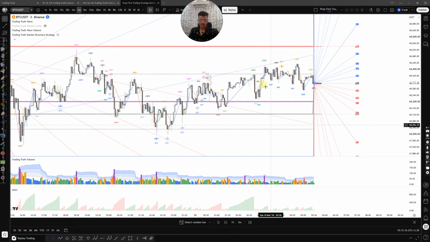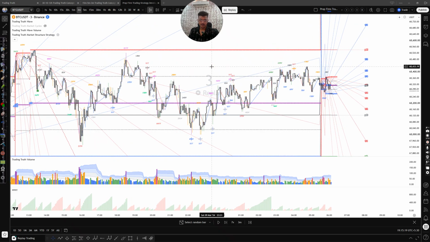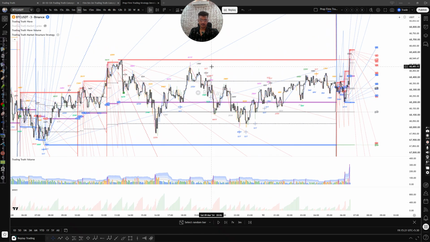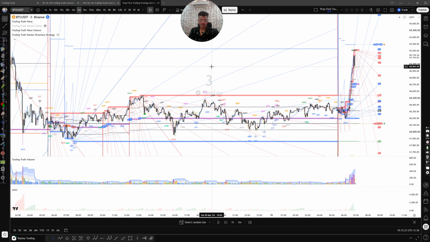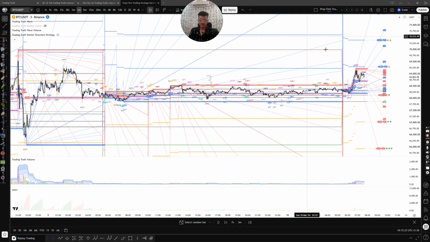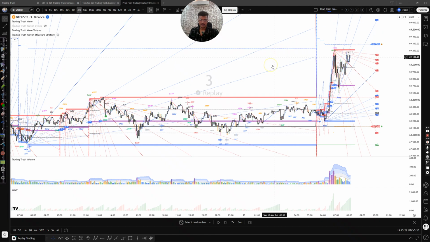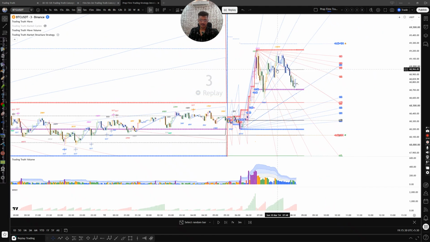I think we can do one thing. Okay, it didn't even reach TP1 for that one. It was very high up there.